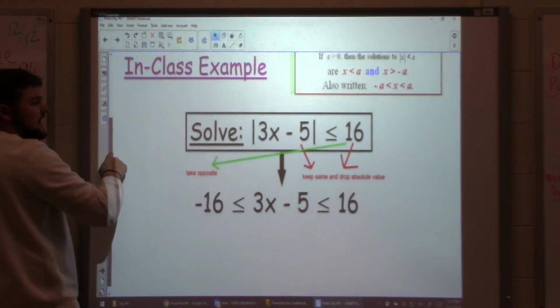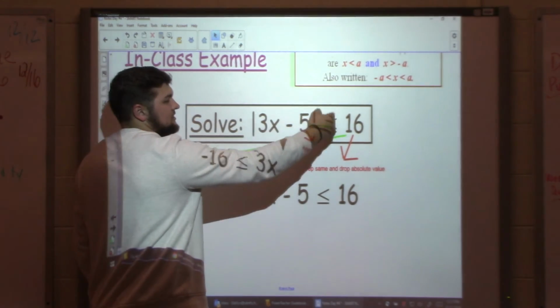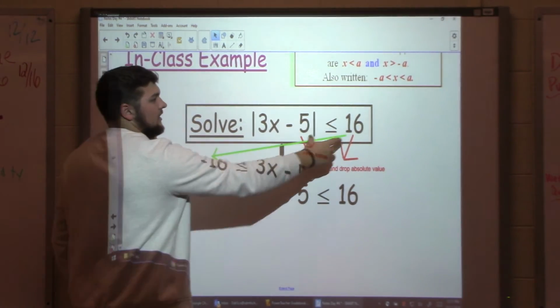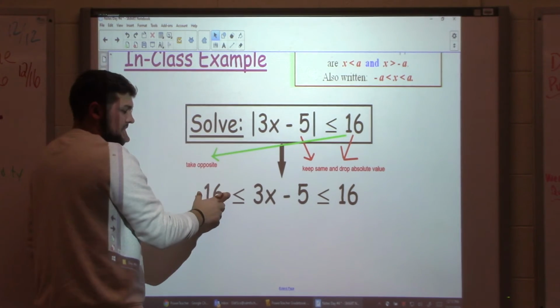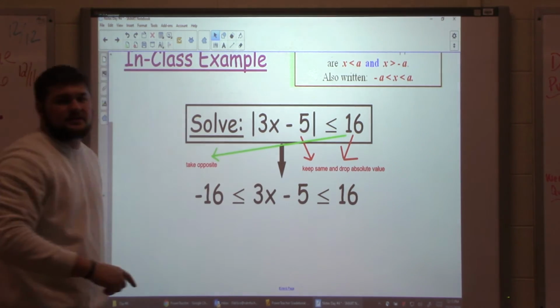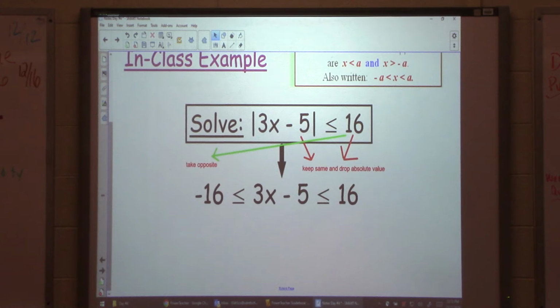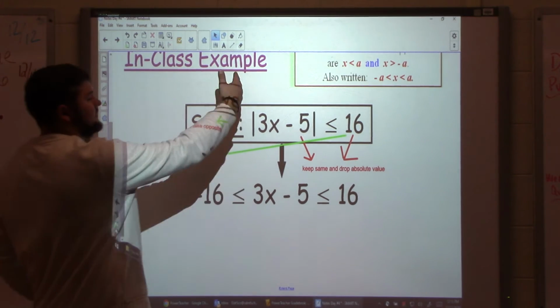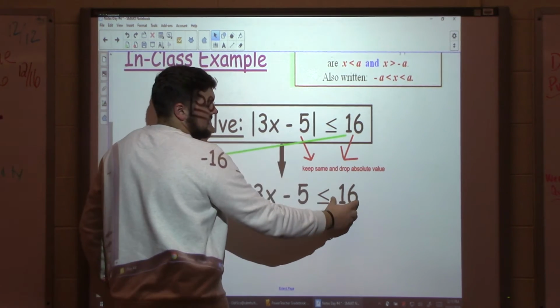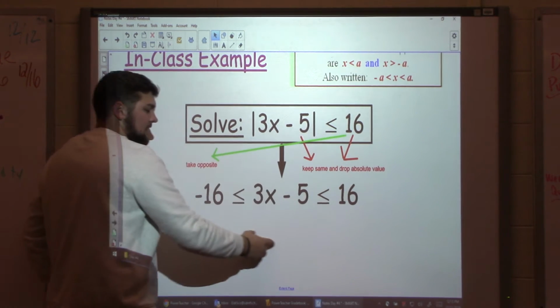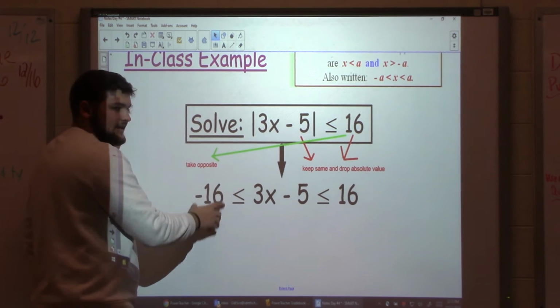With these, if I had the absolute value of 3x minus 5 is less than or equal to 16, I'm going to put it between 16 and negative 16. That way I can drop my absolute value sign and I can solve it. So once you have it down to just its absolute value and it's a less than statement, to get rid of our absolute value so we can solve, we're going to set it less than or equal to 16, and then it's going to be greater than or equal to negative 16.